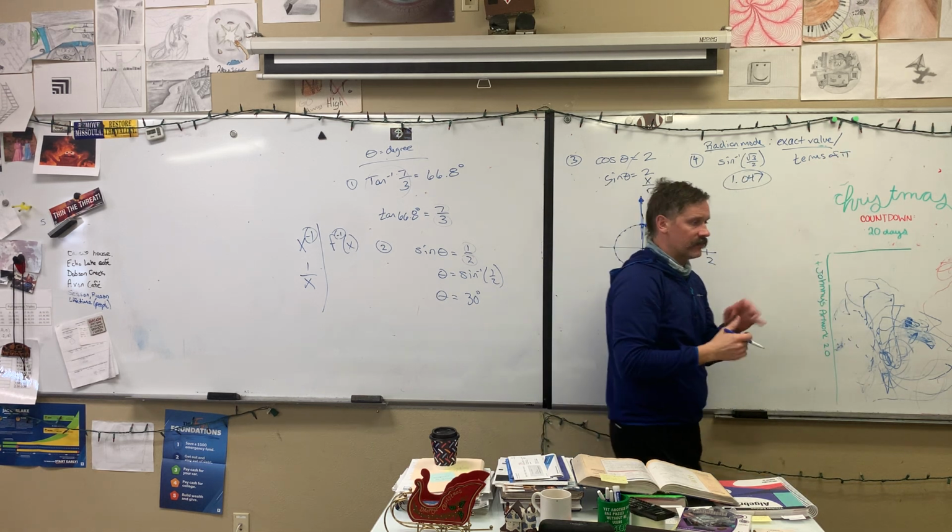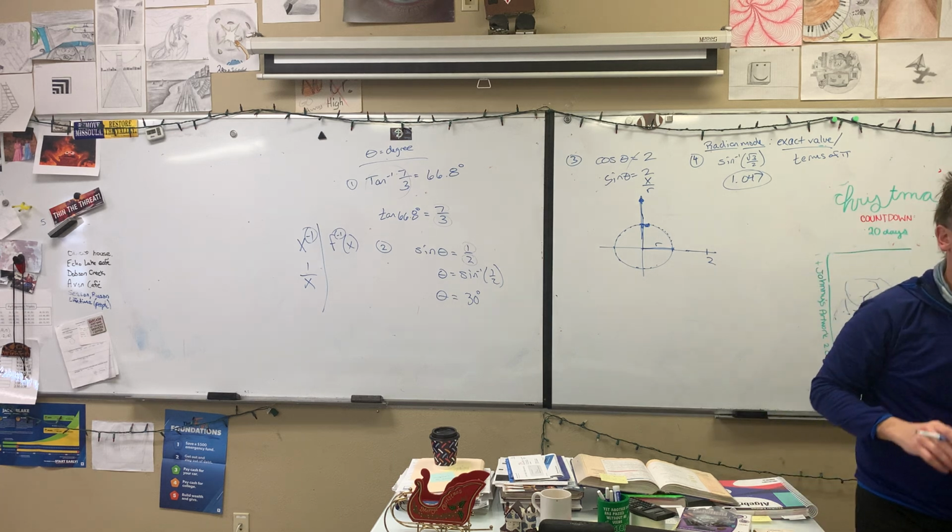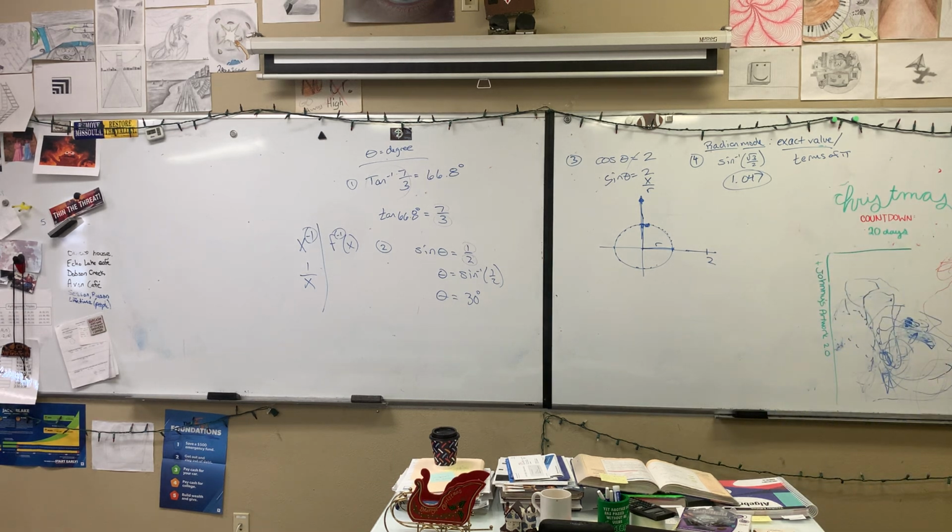Why am I saying exact value slash terms of pi? Because root 3 over 2 is a 30-60-90 value, a unit circle value, right?